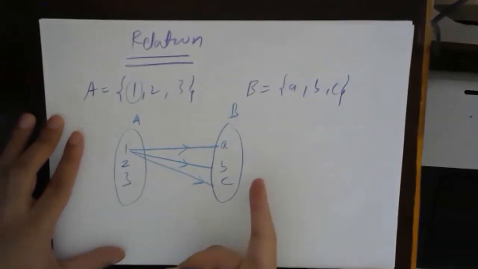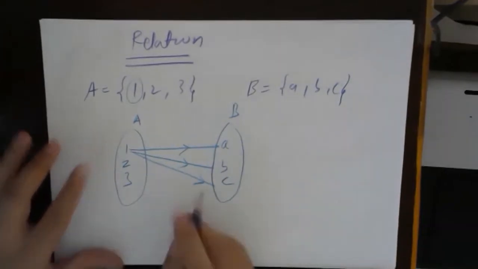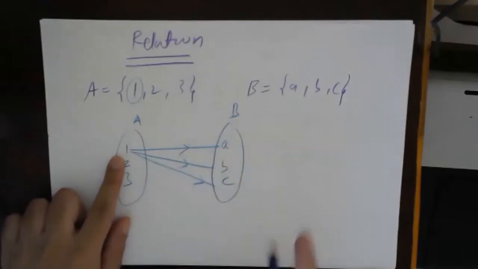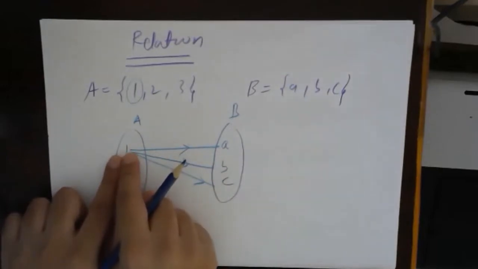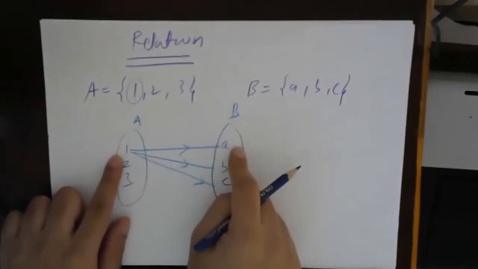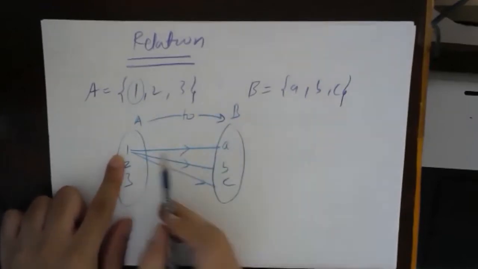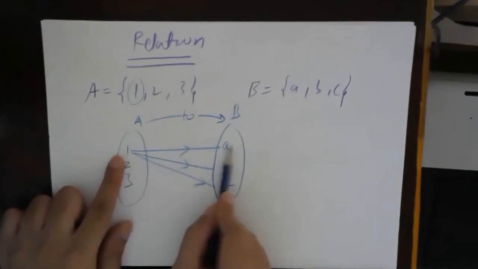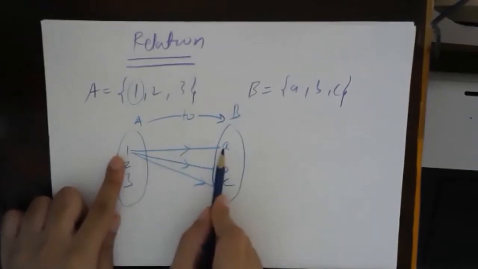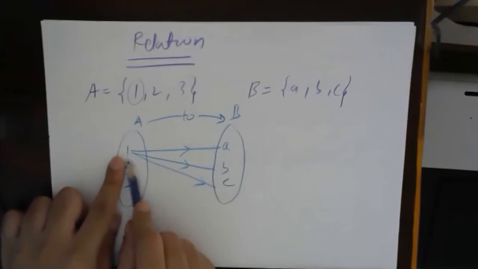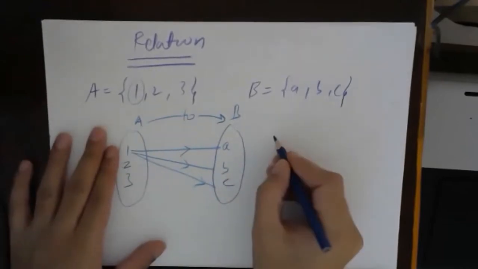The link is from A to B: from an element of set A to an element of set B. So linking 1 to a, 1 to b, and 1 to c.